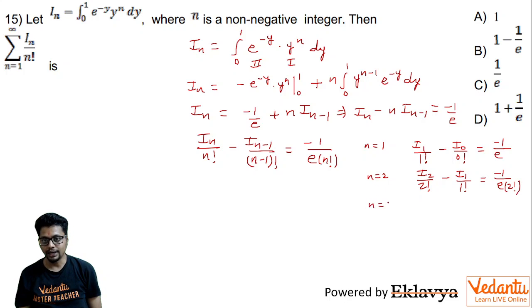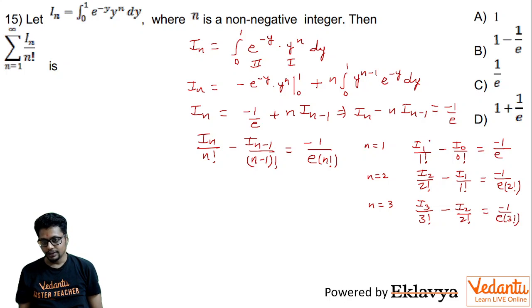When you put n to be 3, you get I_3 by 3 factorial minus I_2 by 2 factorial is equal to minus 1 by e 3 factorial. We can keep on going like this, and as we add, I_1 by 1 factorial will cancel out, I_2 by 2 factorial will cancel out, and so on and so forth. But that's not what we want.